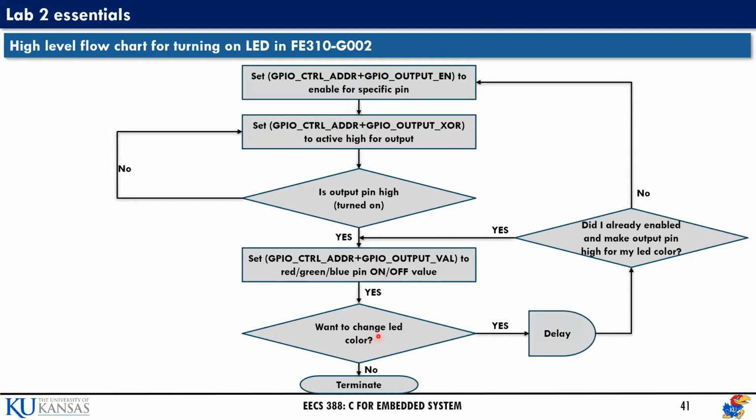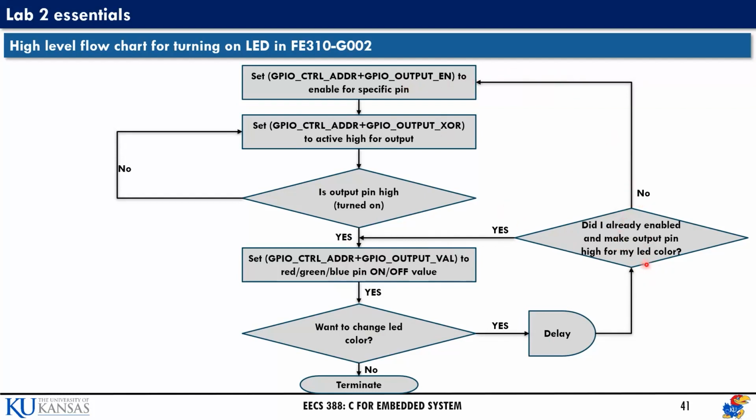After turning on the LED, we can add some delay, and then we can turn it off by again changing this output val to off value. Or if we want to change the LED color, we can go back to our very first stage.